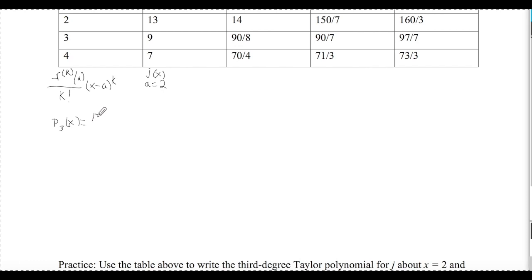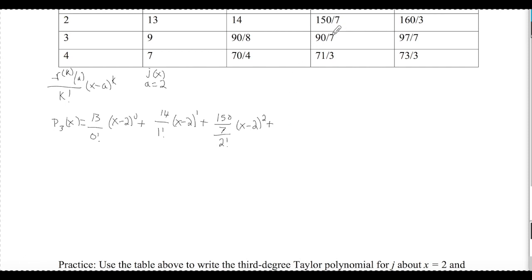So it's going to be 13 over 0 factorial times x minus 2 to the 0, plus 14 over 1 factorial times x minus 2 to the first power, plus my second derivative at 2, which is 150 over 7, over 2 factorial times x minus 2 squared, plus my last term, 160 over 3.